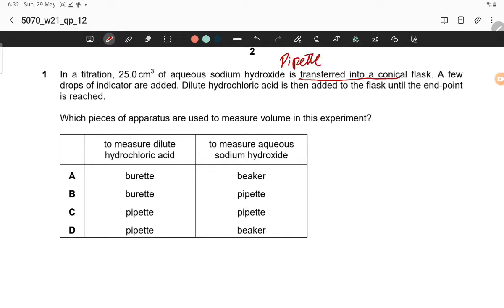A few drops of indicator are added, then dilute hydrochloric acid is added to the flask until the end point is reached, and dilute hydrochloric acid is taken in a burette. So burette is used to measure dilute hydrochloric acid, and pipette is used to transfer 25 centimeter cube of sodium hydroxide into the conical flask. So B option is correct.